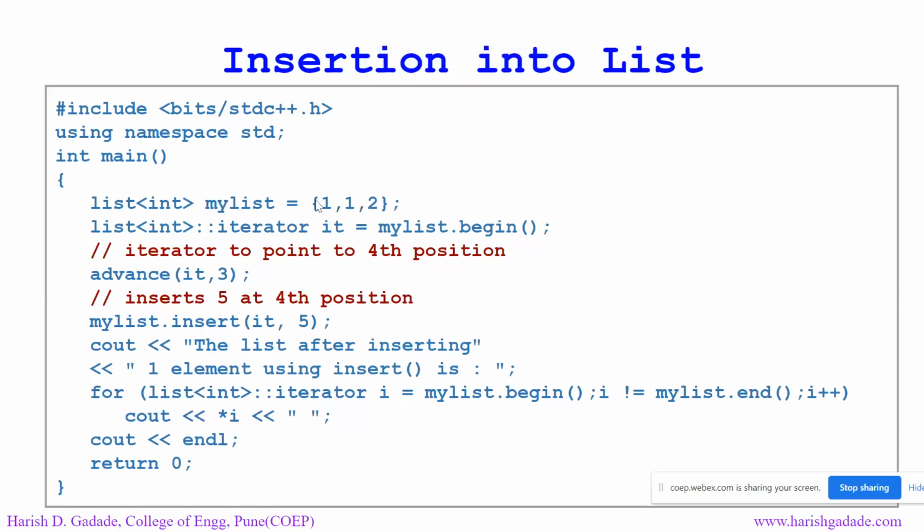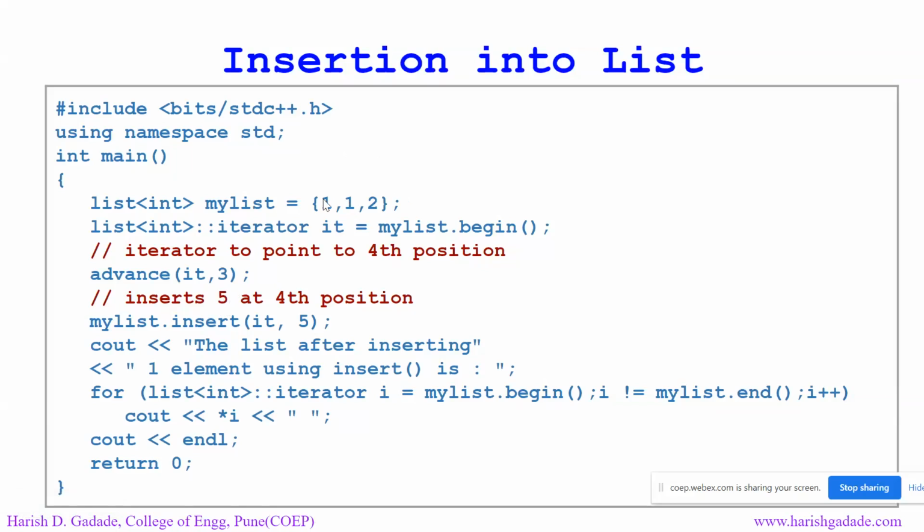Now 1, 2, 3, these are the three elements in the list, so 0, 1, 2 are the indices. At the third index, which is actually the fourth location, I need to add one more node. Suppose that node I am trying to insert is 5.